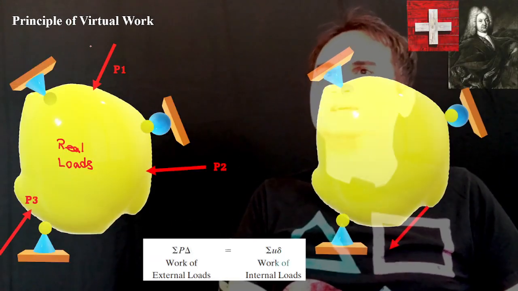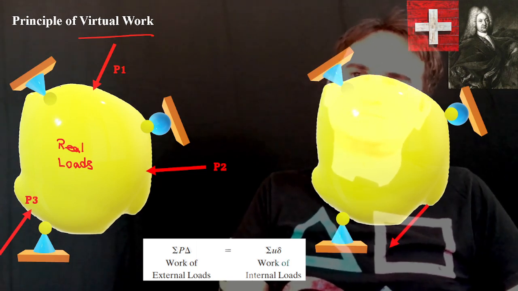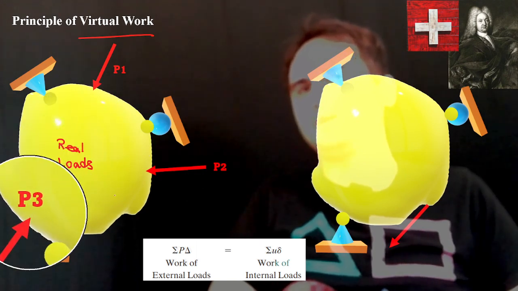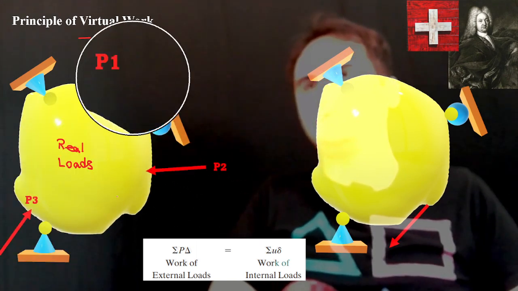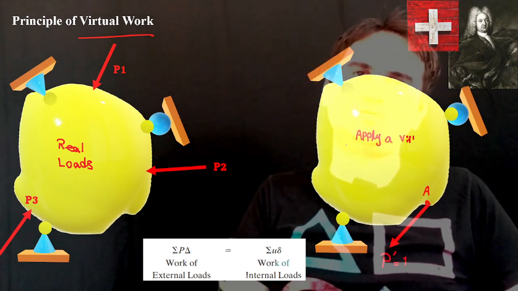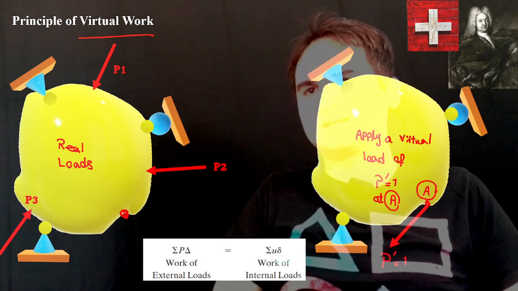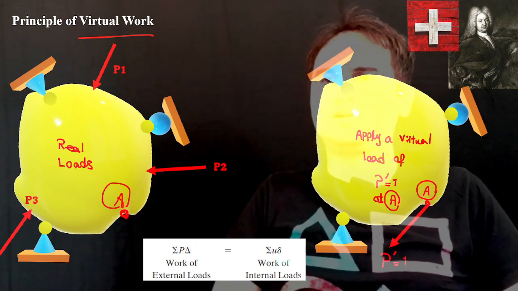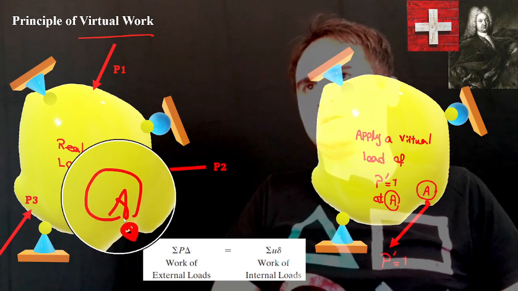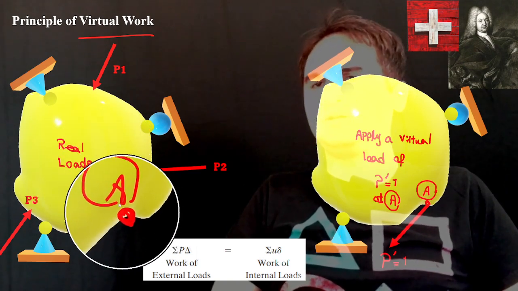So it says, for the principle of virtual work, if we have our structure which carries the real loads P3, P2, and P1 at some points on the structure, and if we want to calculate delta somewhere, for example, point A here, we cannot calculate the displacement at point A by the help of the real load method because we need a load to calculate.